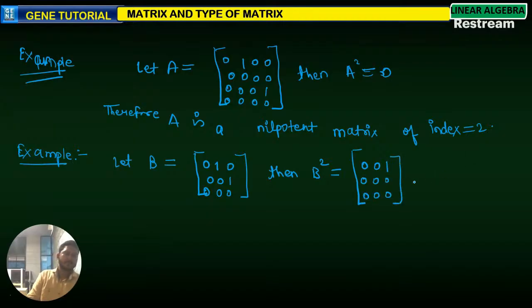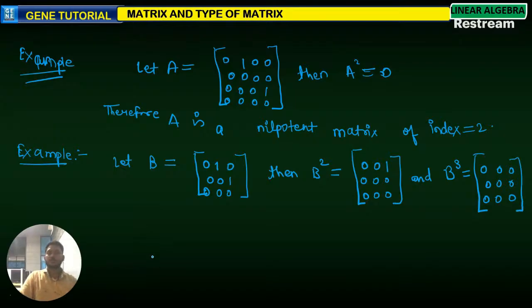And B cubed is equal to all entries 0. So this is the basic example of a nilpotent matrix; here the index is 3.